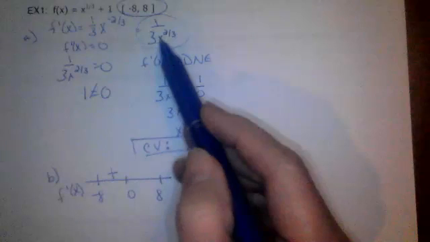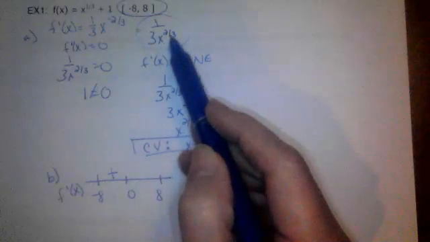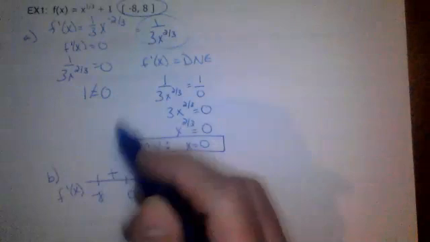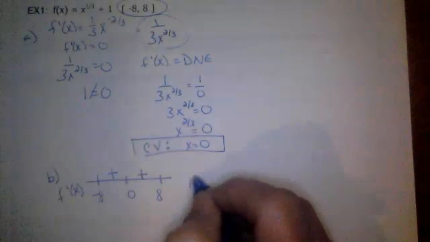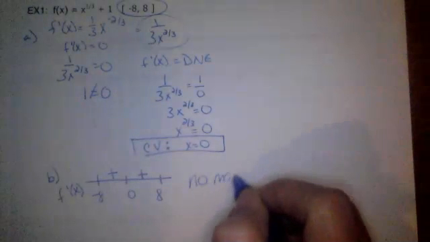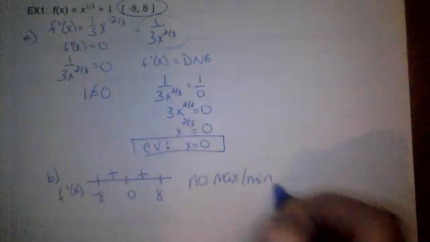If I put in positive 1 to the 2/3 power, I get 1 times 3, also 1/3 positive. So because this doesn't change sign, there is no local max or min.